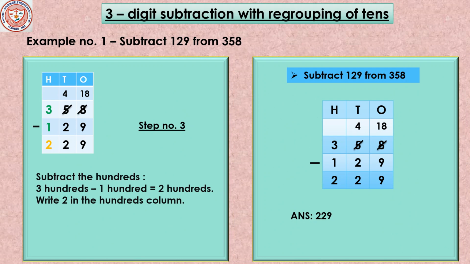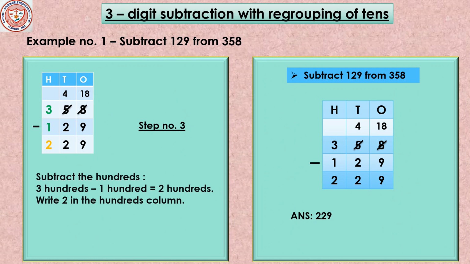So, write 2 in the hundreds column. Finally, we got the answer: 358 minus 129 is equal to 229.